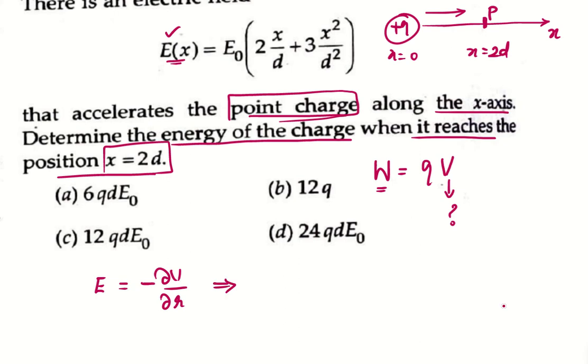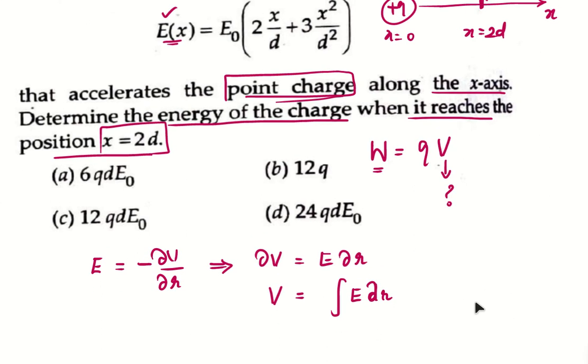So here we can write this as dou V equals E dou R. And if we want the electric potential, we can integrate this electric field times dou R.